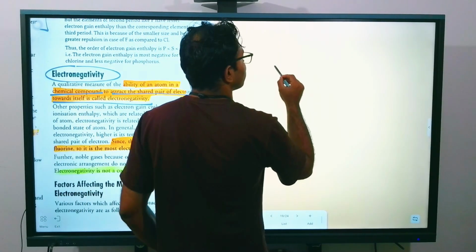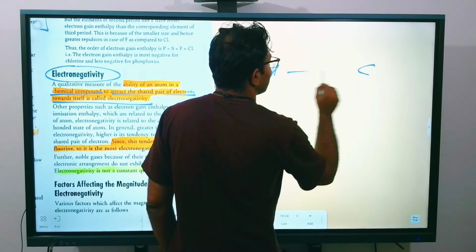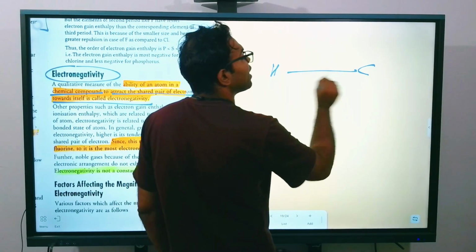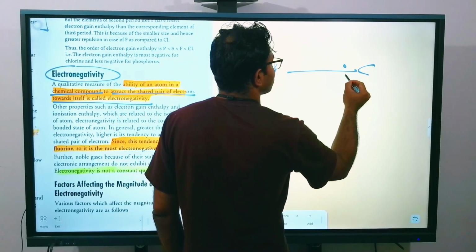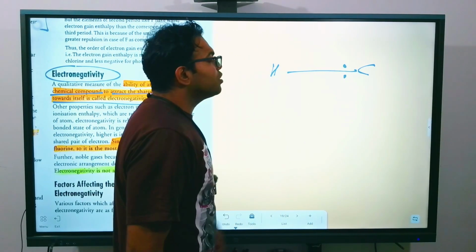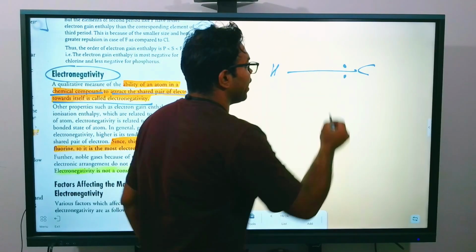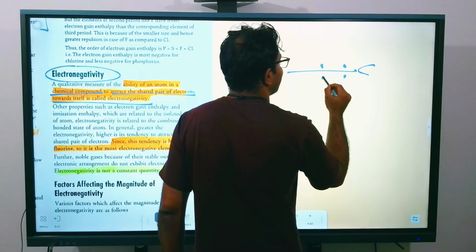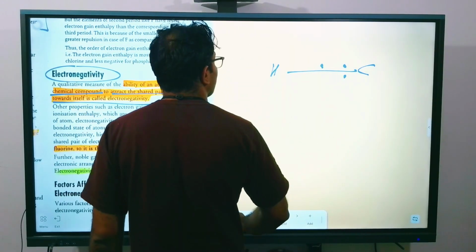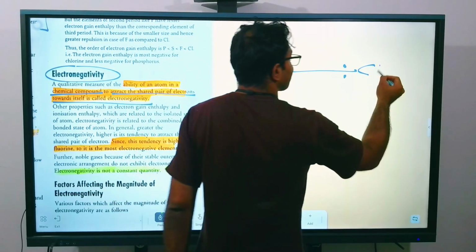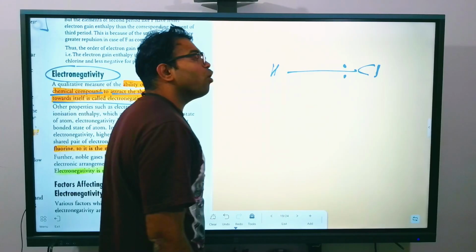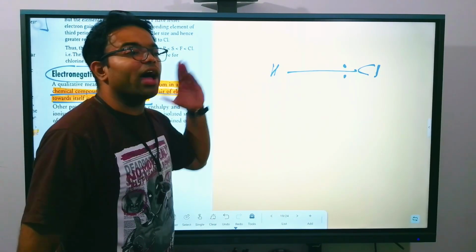For example, in the case of hydrogen and chlorine, there are two electrons being shared here. I'm going to show you where the electrons actually stay. The electrons should have stayed in the middle like this, but they don't. They stay much closer to the chlorine atom compared to hydrogen.